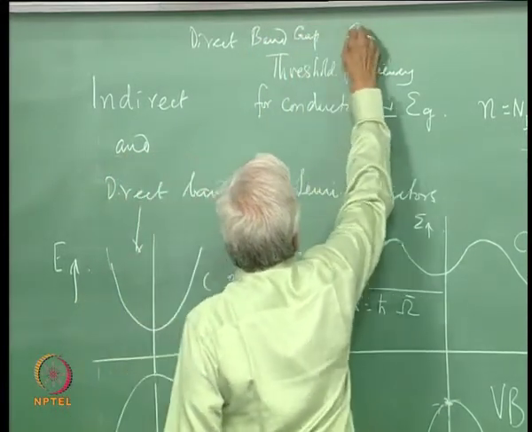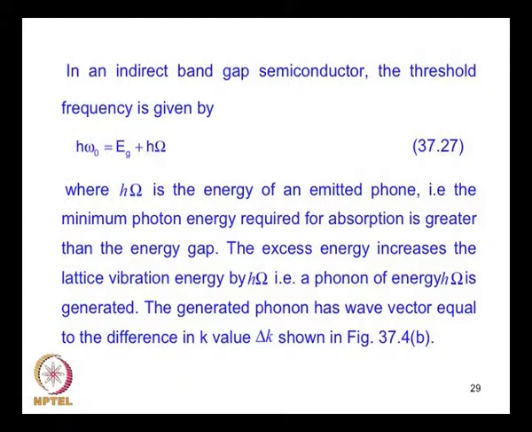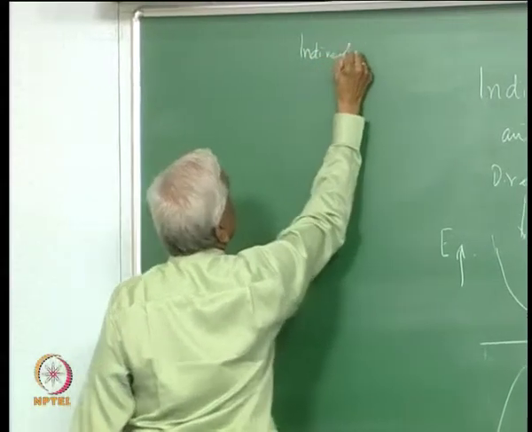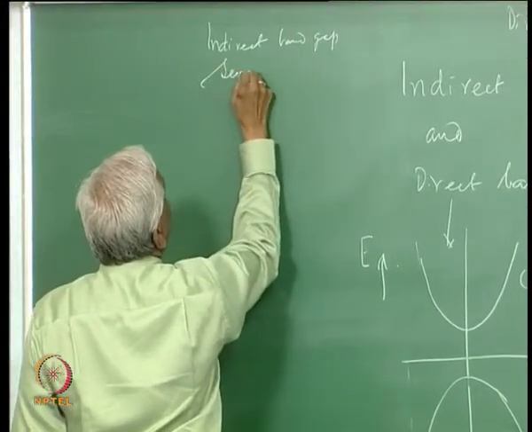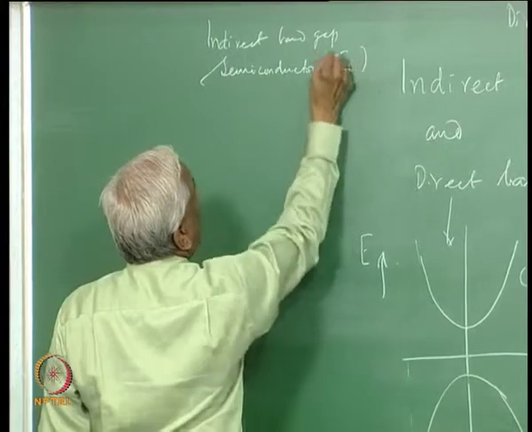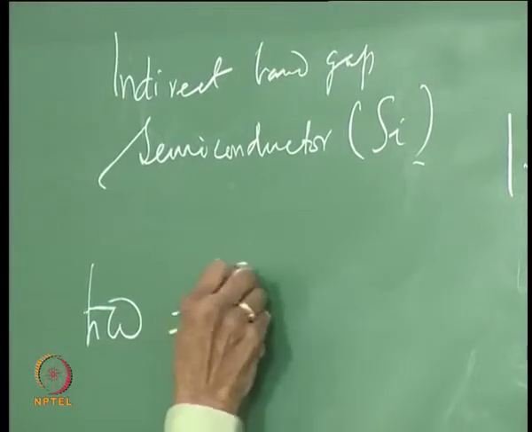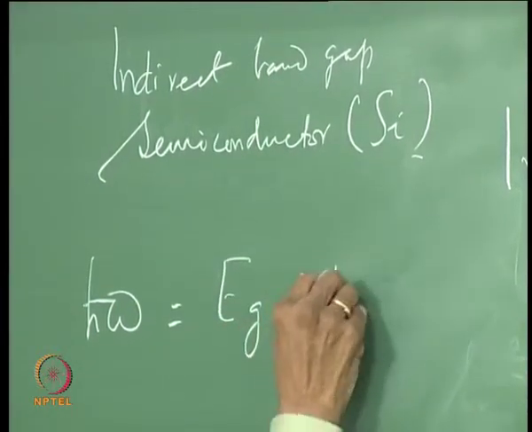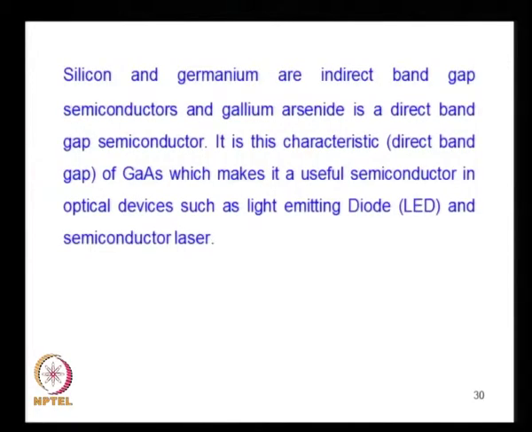For example, gallium arsenide is such a material, whereas in the case of an indirect band gap semiconductor such as silicon, one has to have a larger threshold, where omega is given by this condition for the wave vector.